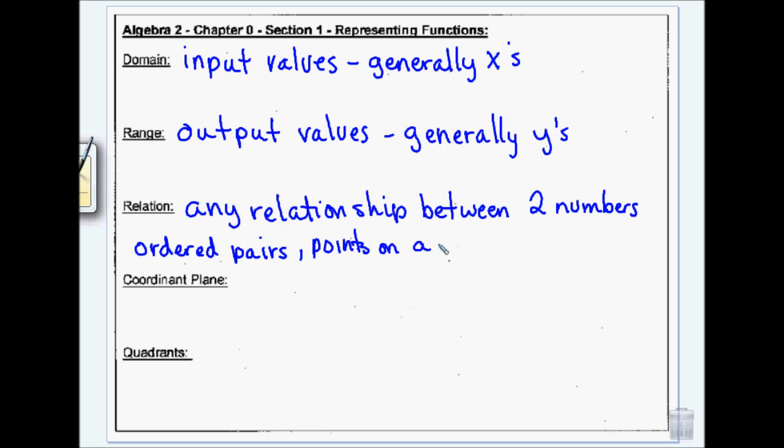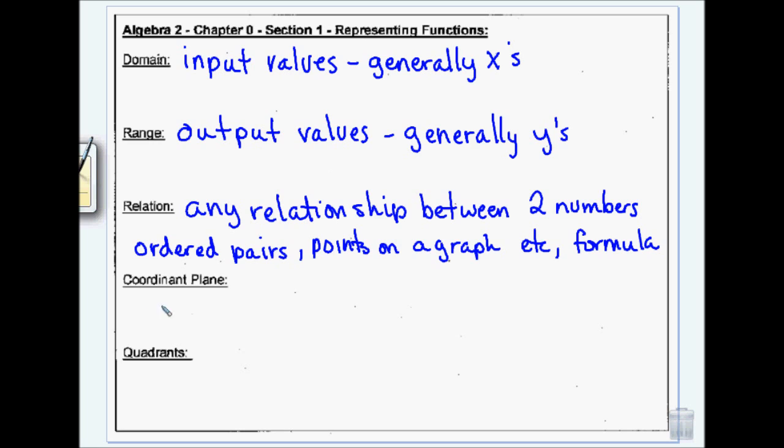Can it just be a formula? It can be a formula. So a relation is any relationship. I can describe any relationship I want to. I can say 2 goes with 50 billion, 3 goes with negative 27. It doesn't matter. It's just like I put things together.